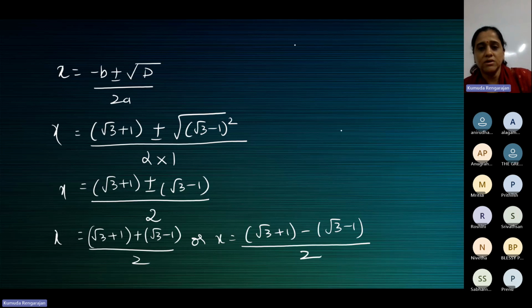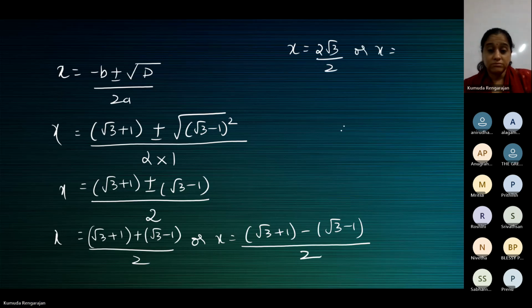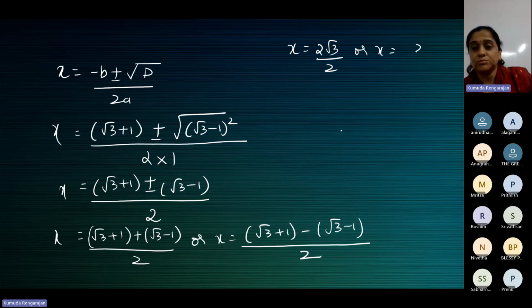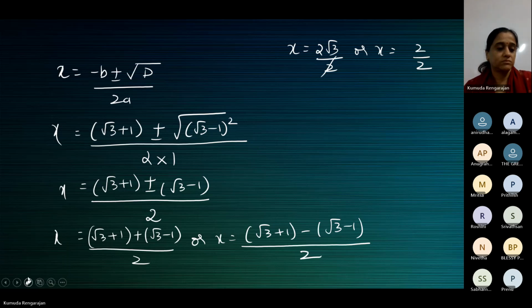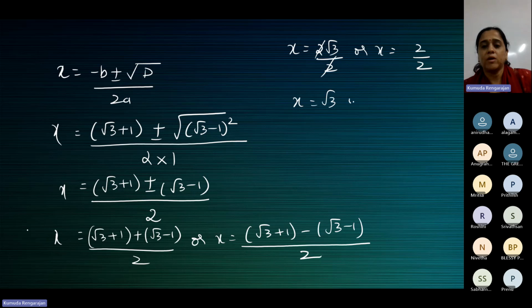When you open the bracket, you will get 2 root 3 by 2, or 2 by 2. So x is equal to root 3, or x is equal to 1.